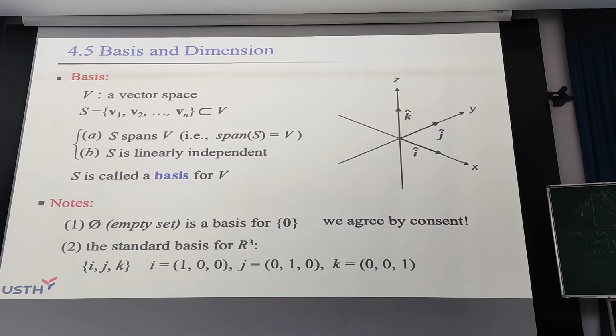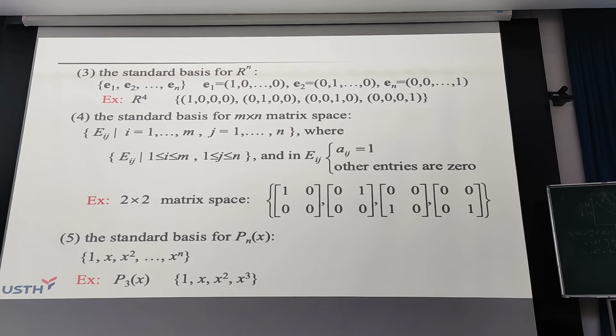By geometry you can imagine in space, if you consider the coordinate axes OX, OY, and OZ, then the unit vectors lying on those axes will be called the standard basis for R3. And we generalize it for any n-space Rn. The standard basis for Rn is e1, e2, up to en with the coordinates like that.